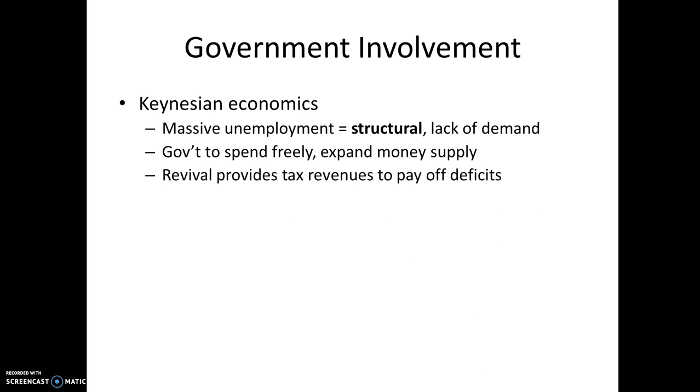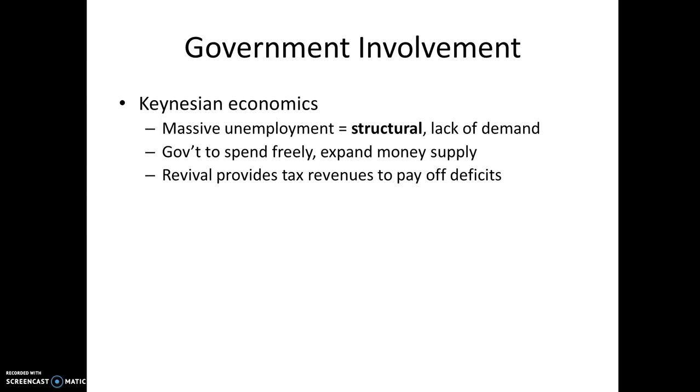All right, we begin with various forms of government involvement, mainly Western nations. Times are tough, and few believed that pure free market solutions were in order. The British economist John Maynard Keynes argued that massive unemployment is more than simply a short-term corrective measure, but rather a structural problem that stemmed from a lack of demand.